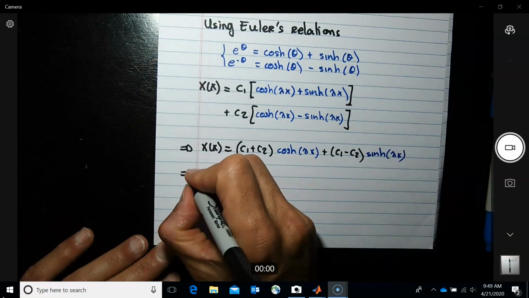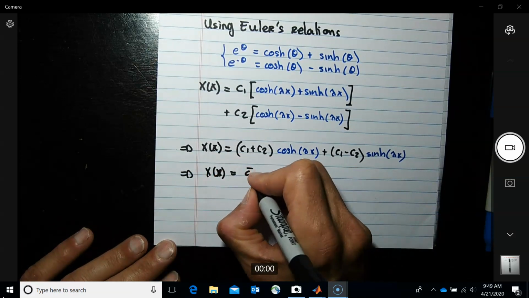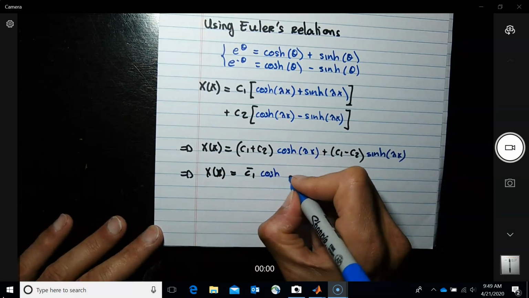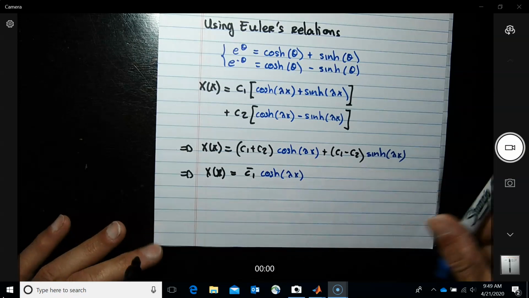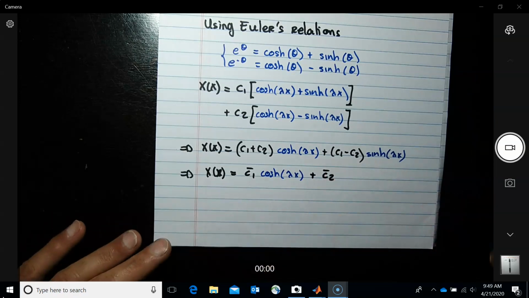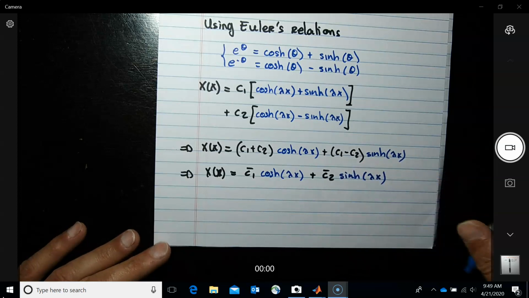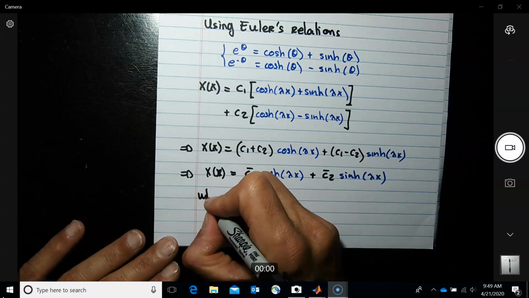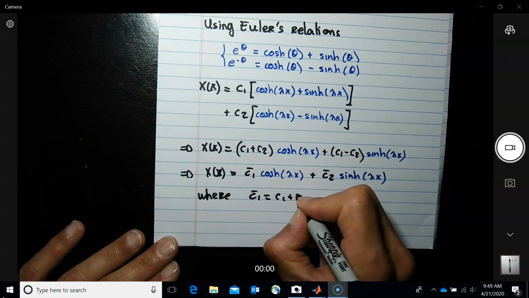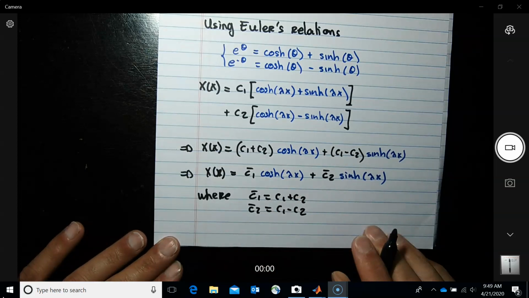Let's just say that we can write this as x of x equal to C1 bar cosh lambda x plus C2 bar sinh lambda x, where C bar 1 will be c1 plus c2 and C bar 2 will be c1 minus c2.